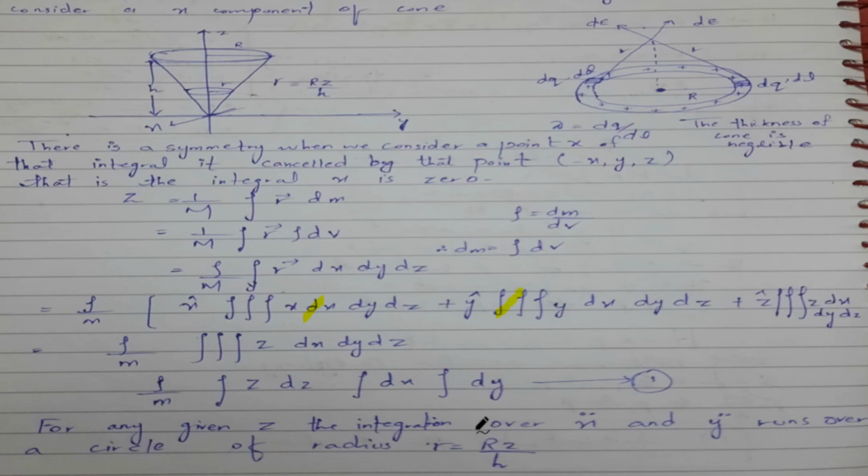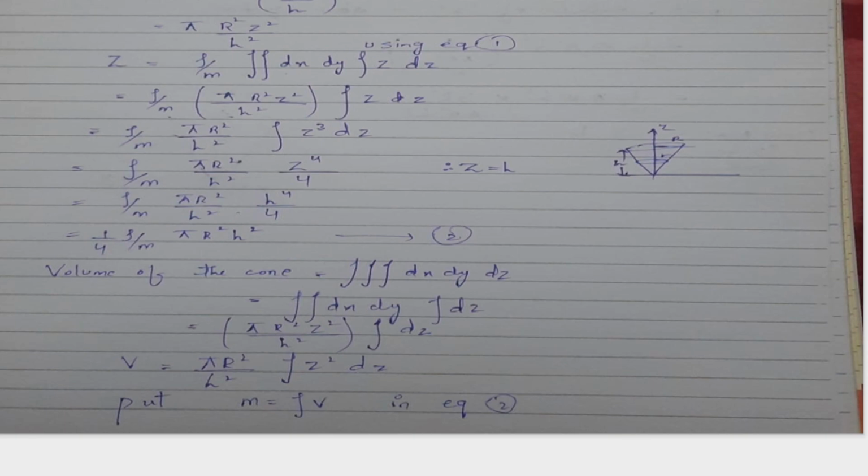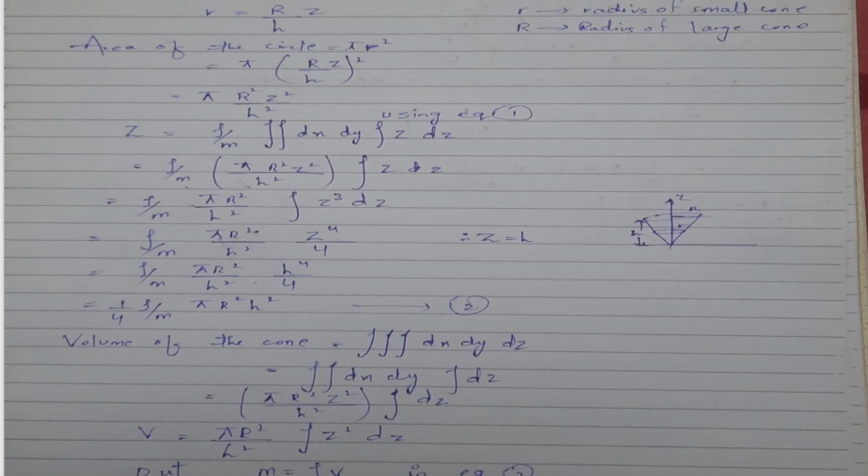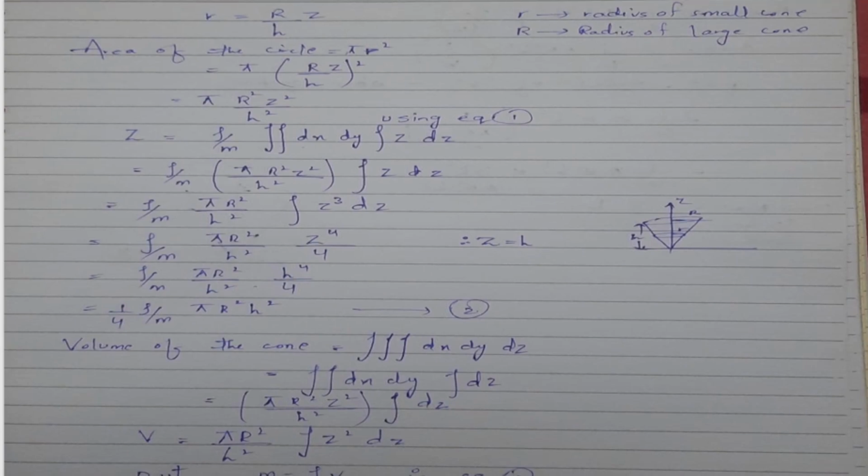So this is the radius, again we have to consider it. Now we have to consider the area of the circle, which is equal to pi r squared, where r is the small radius of the cone, and this is the large radius of the cone.